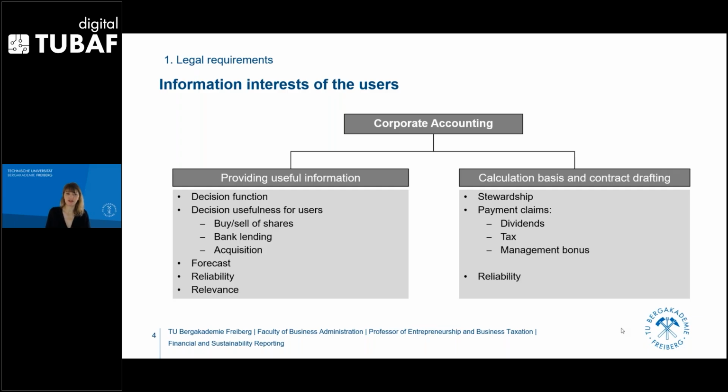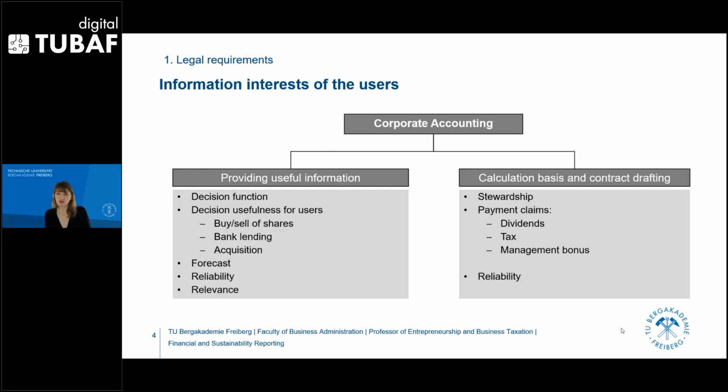This information is used for acquisitions. If a company wants to buy another company, which should become part of their group, then we need this information about the company we want to acquire.